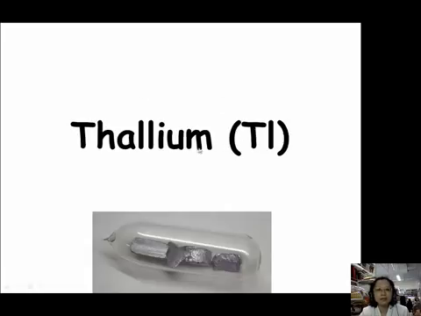And then for thallium, T-H-A-L-L-I-U-M, we have one prefix, thallo, T-H-A-L-L-O. This prefix can also be used to describe the shoot of plants, because the first time thallium was found, the scientists burned the metal in the fire and saw a very bright green flame.